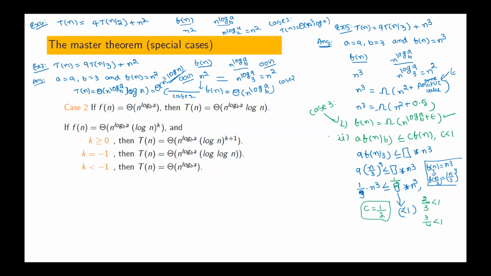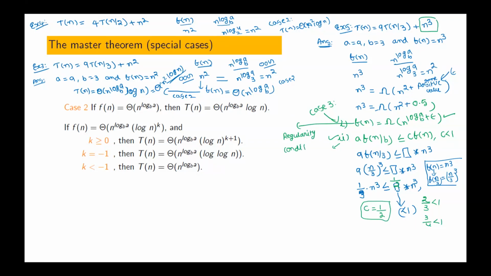That means both conditions are satisfied. This is called the regularity condition. But one important thing: if f of n is a polynomial, the regularity condition is automatically satisfied.